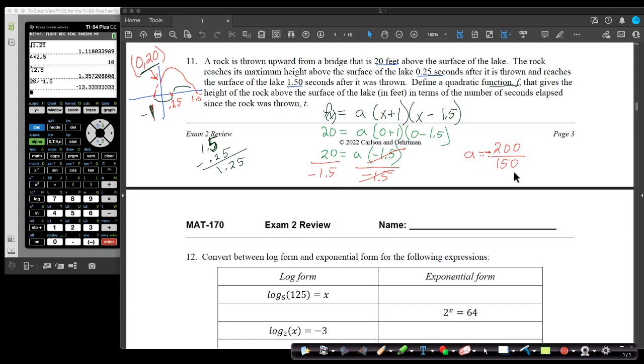Sorry, not 150, 15. Top becomes 200. I suppose we could reduce that because 5 can go into both of those. 5 goes into 200 40 times, and 5 goes into 15 3 times.